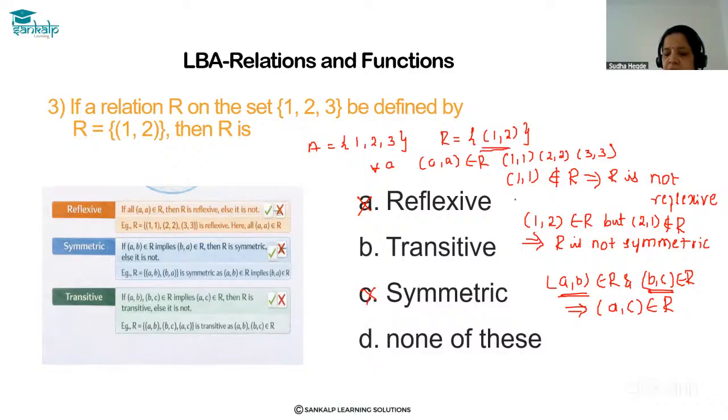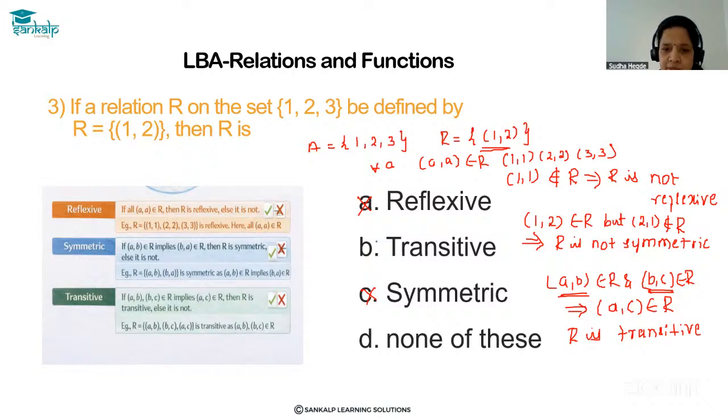In such cases, you can assume that R is transitive. Since we don't have such pairs, you can assume this R is transitive.